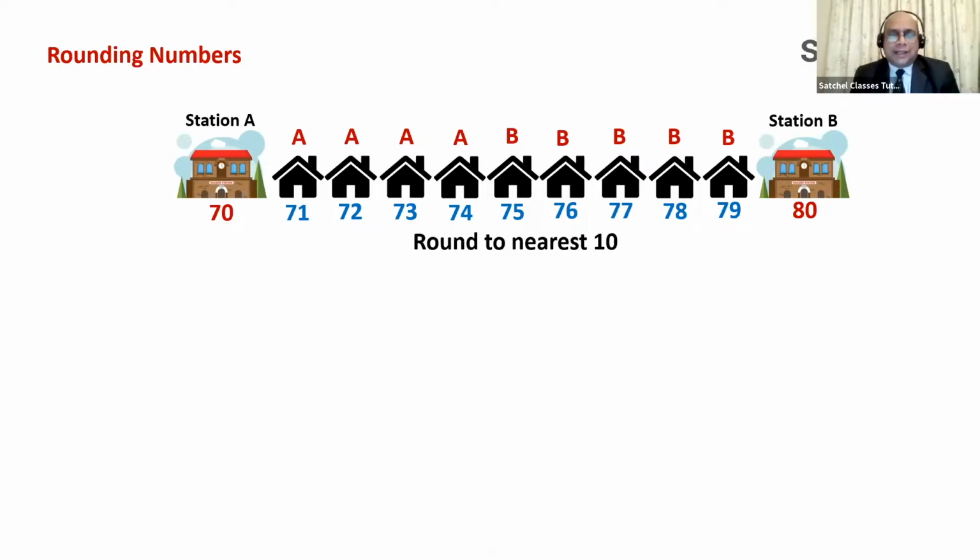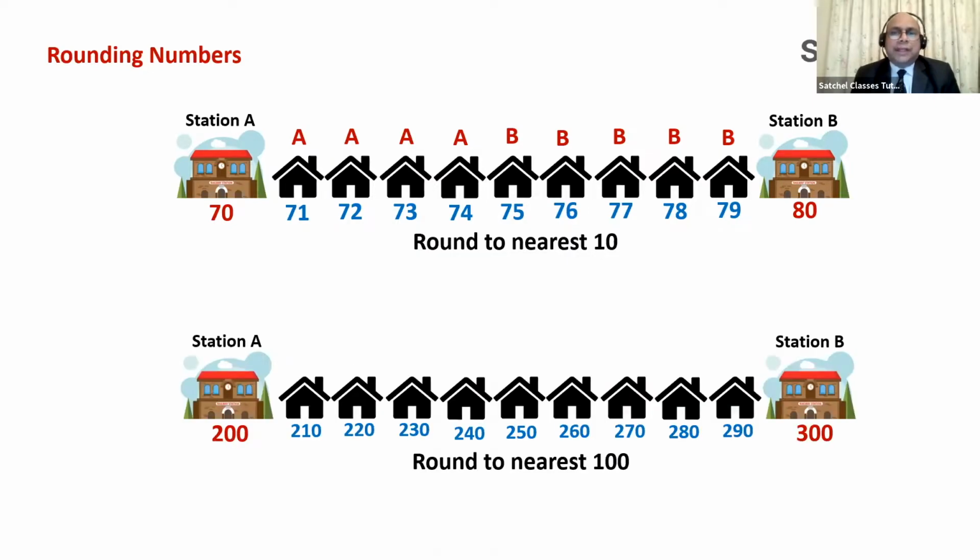Now we can enlarge the gamut and understand the same thing for rounding numbers to the nearest 100. All I need to do is number the stations A and B as, let's say, 200 and 300, and for each of the house numbers, I keep a gap of 10. So 210, 220, 230, and so on.